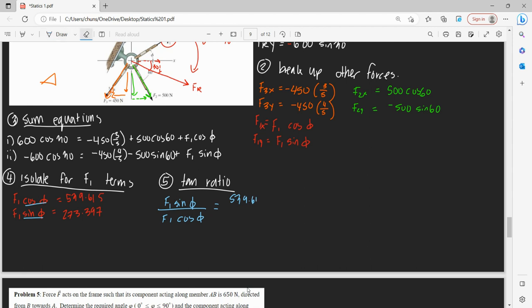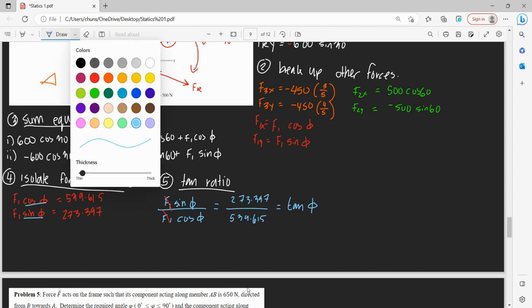Nope, that's the wrong one, sorry. We'll see that these F1s are going to cancel out when we make them a ratio like this.